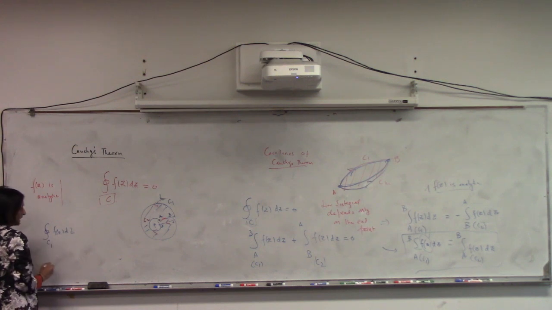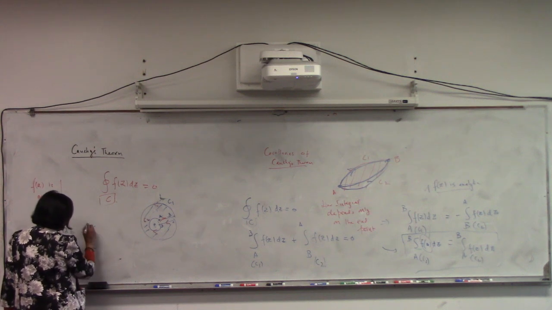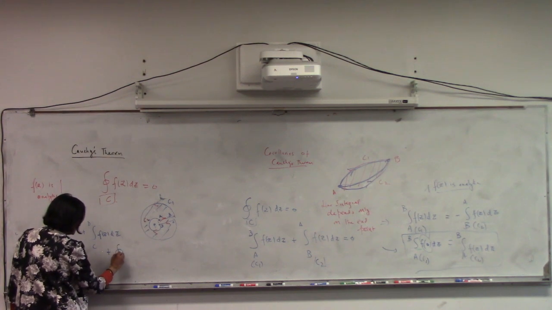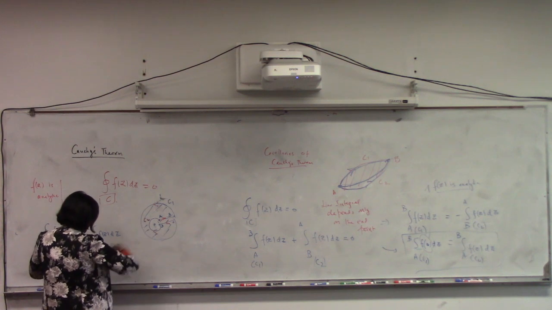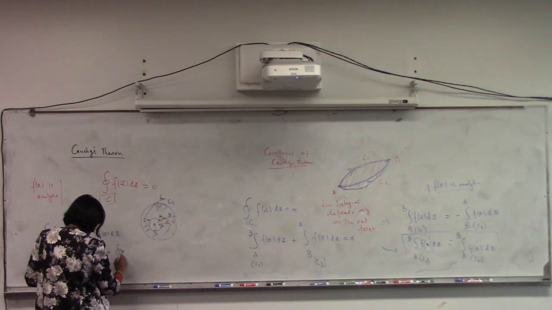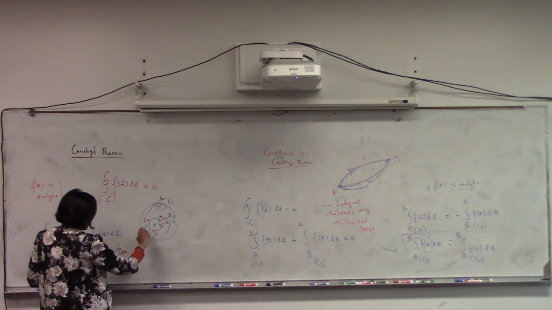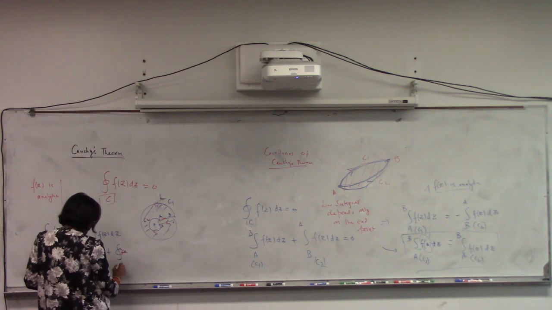So I have that. Then I have C to D, that's a line integral, of f of z dz. Then I have this going in the clockwise direction. Is it clockwise? No, that's not clockwise. This one's clockwise. That's the one. But here I have to draw it like that.